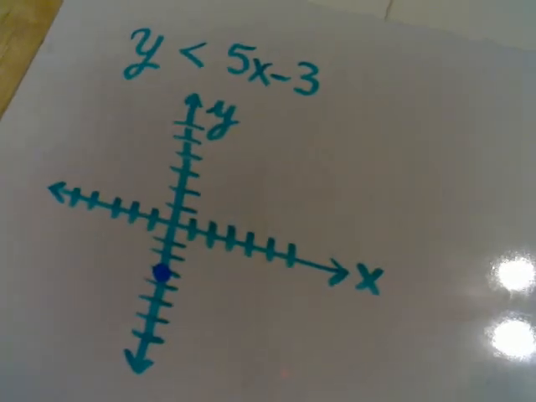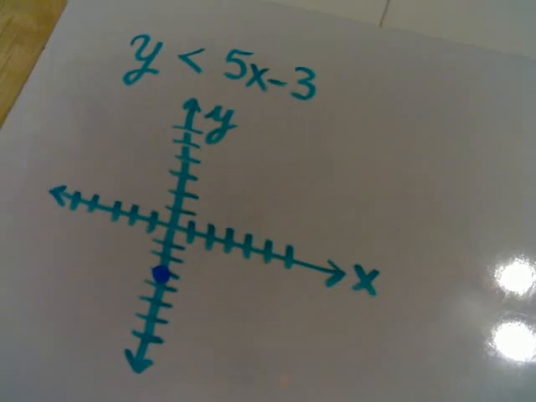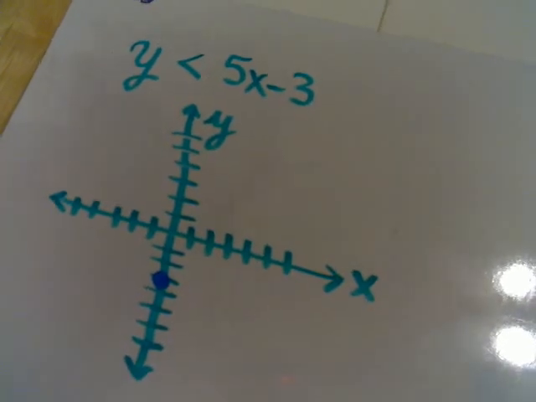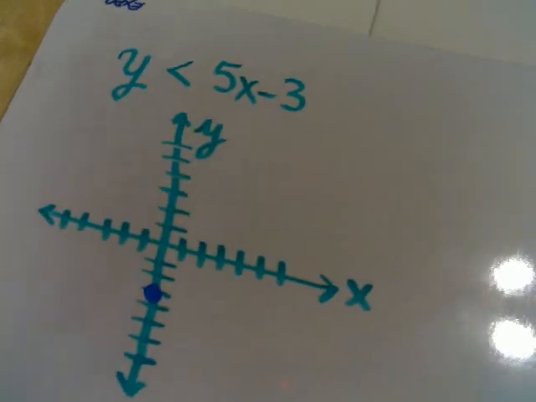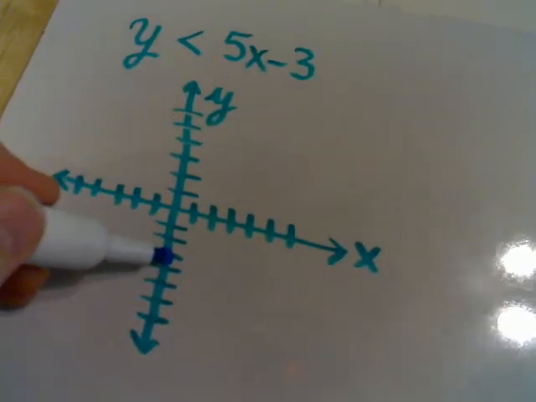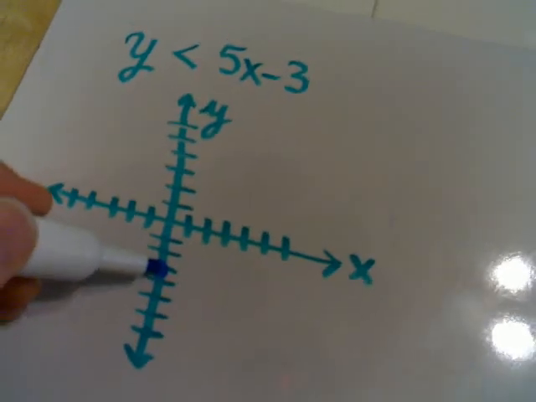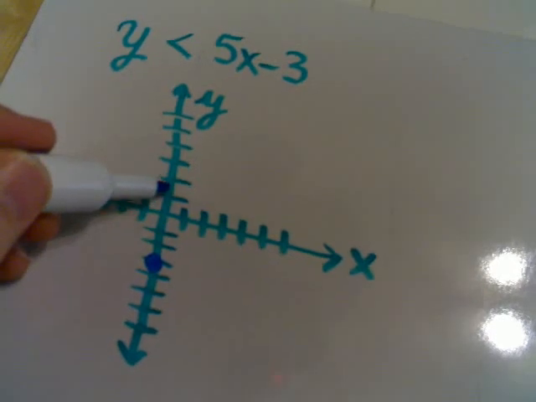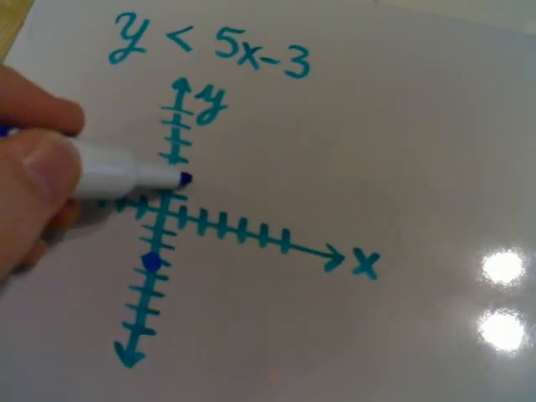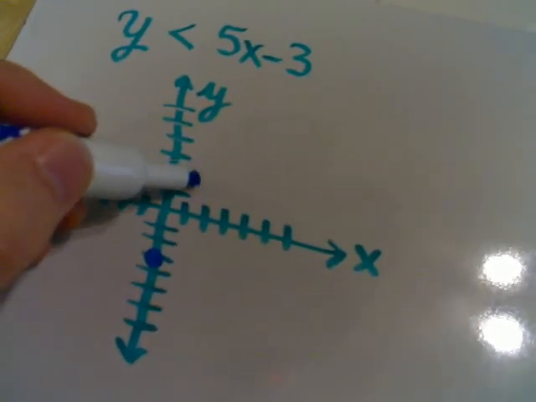So if the slope is 5, that tells me from any point on the line to get to another point on the line, we would go up 5 and then 1 to the right. So from my y-intercept, I'm going to use the slope. I'm going to go up 5, 1, 2, 3, 4, 5, and I'm going to go 1 to the right, and I'm going to put a dot there.